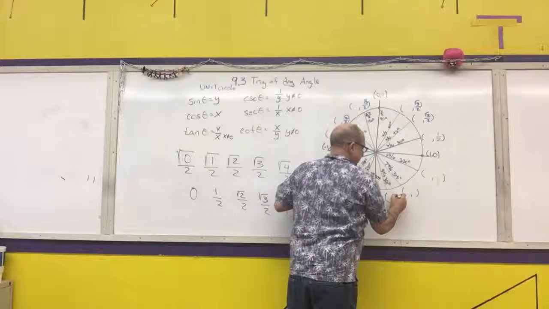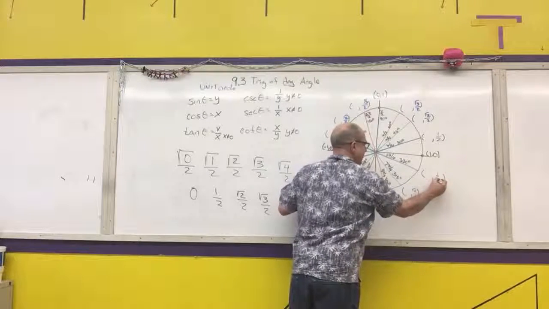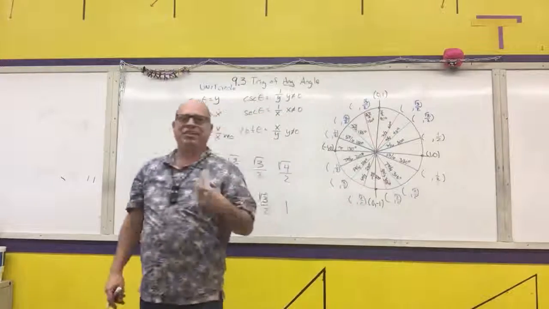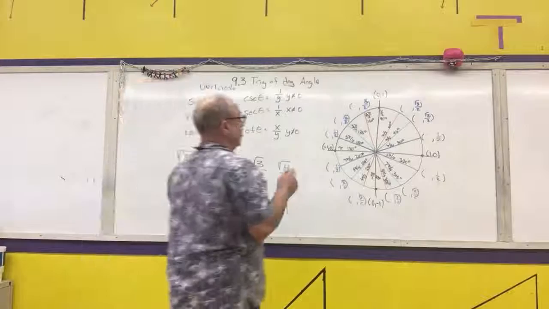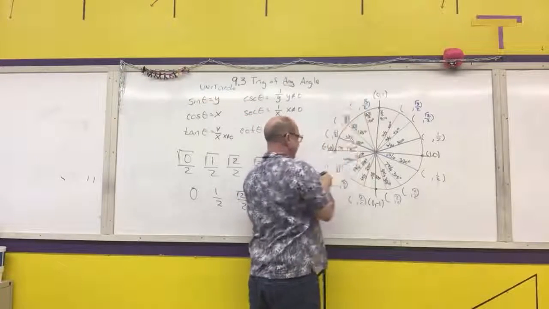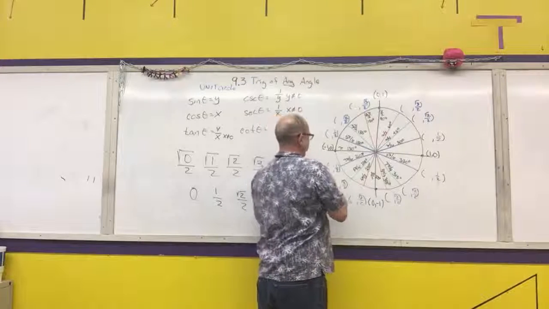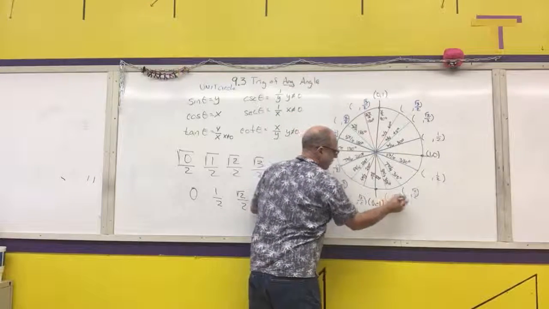Square root of 3 over 2, square root of 2 over 2, 1/2. Now the only thing I need to do is figure out the sign of all of these. I'm doing y coordinates, so all my y coordinates are positive in quadrants 1 and 2, and they are negative in quadrants 3 and 4.